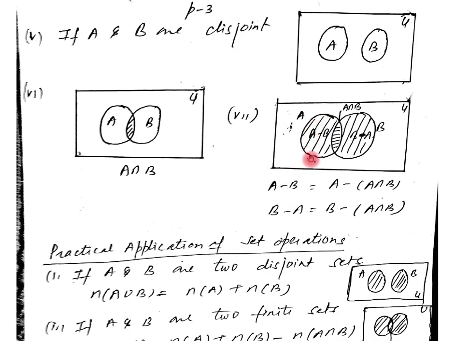So this is A. When we subtract A intersection B from A, we get A minus B, because these are the elements that are only in A. Similarly, these are the elements that are only in B, so this will be B minus A. So we can write A minus B as A minus A intersection B. Similarly, B minus A can be written as B minus A intersection B.